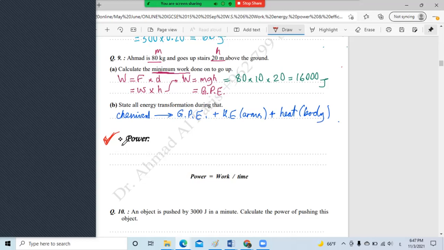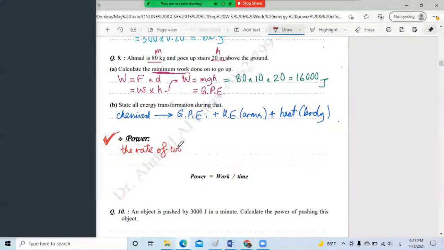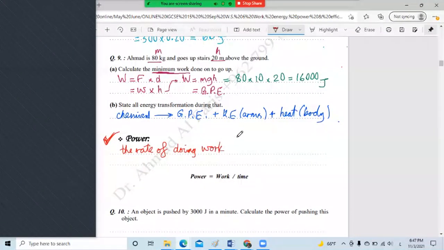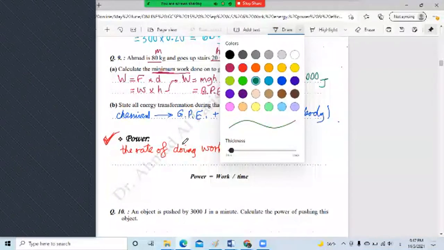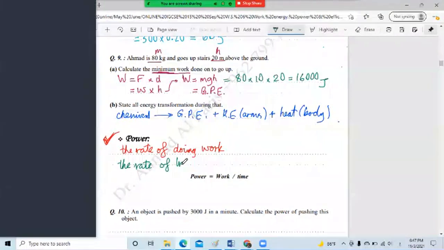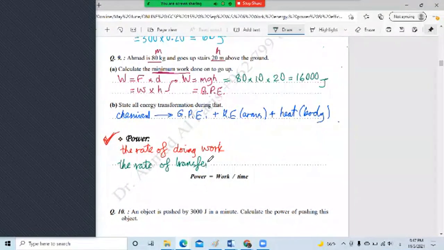So power is the rate of doing work, that means the rate every second of doing work, or you can say the rate of transferring energy.